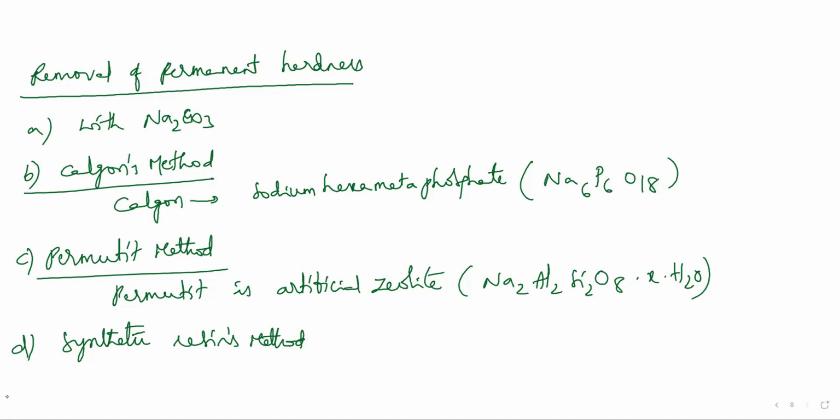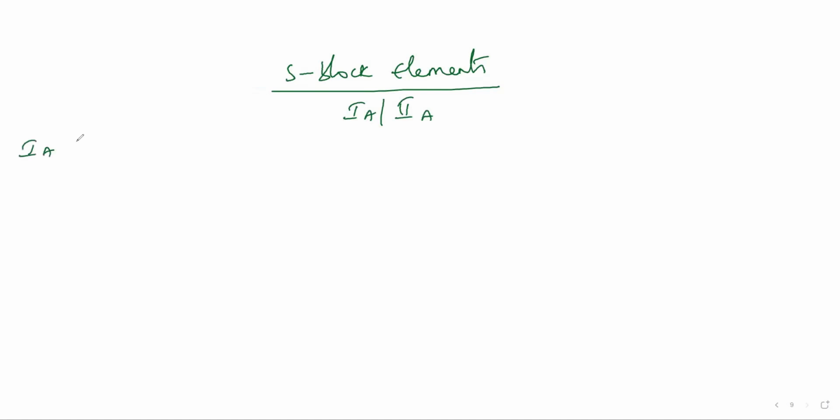So with this we completed hydrogen and its compounds. Then we'll move to s-block elements. In s-block elements, we have two groups: first A and second A. Let us see the first A group elements.